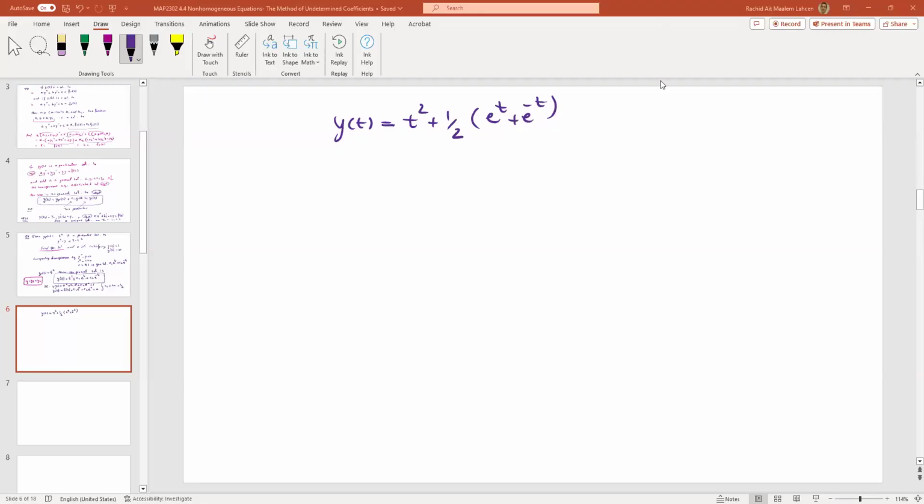All right, it's done, but at the same time, you can also recognize that this is the hyperbolic cosine in calculus. So if you want, you can do the extra step.